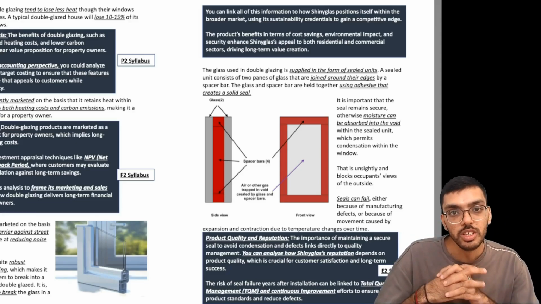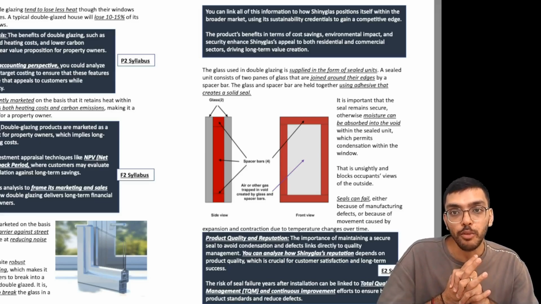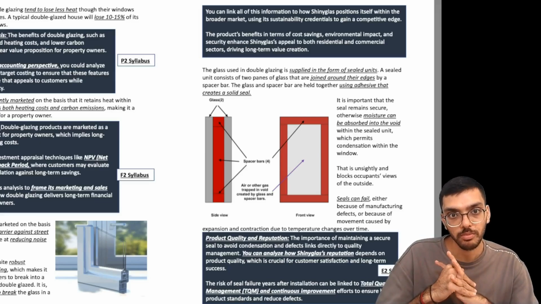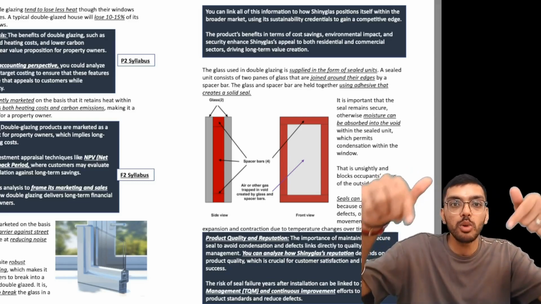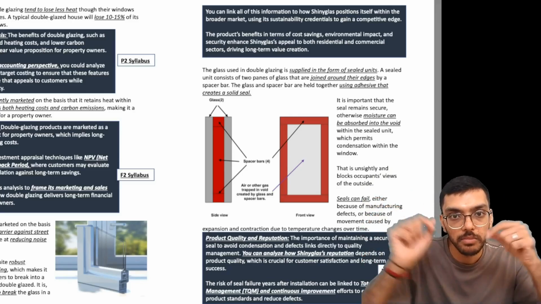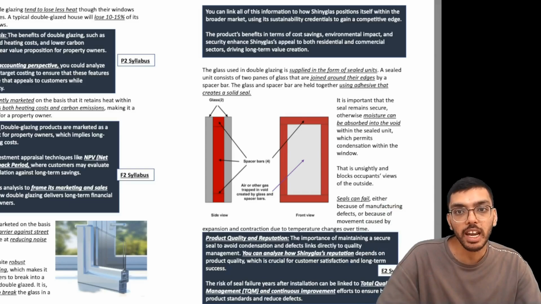The glass used in double glazing is supplied in the form of sealed units. A sealed unit consists of two panes of glass that are joined around the edges by a space bar. The glass and space bar are held together using adhesive that creates a solid seal.